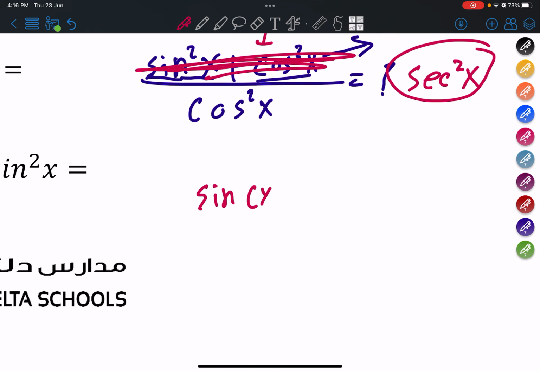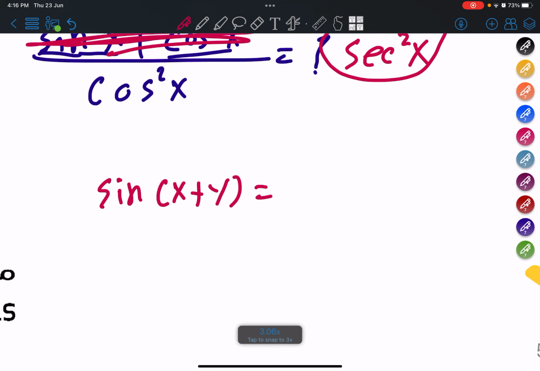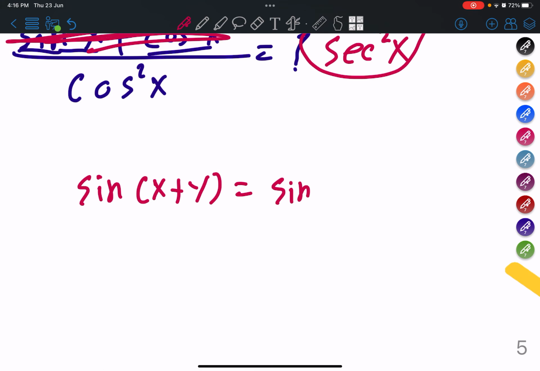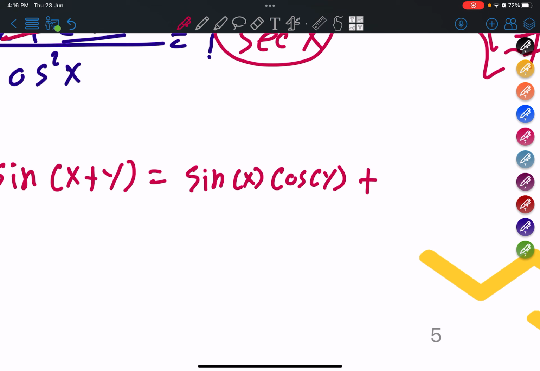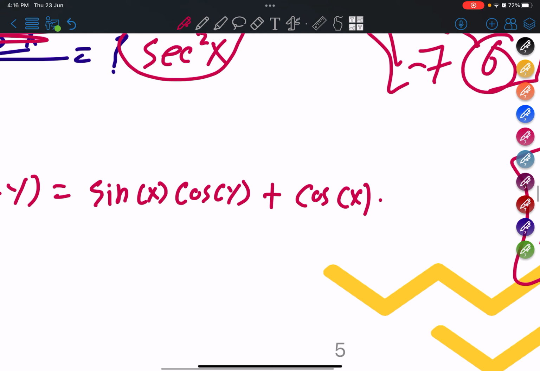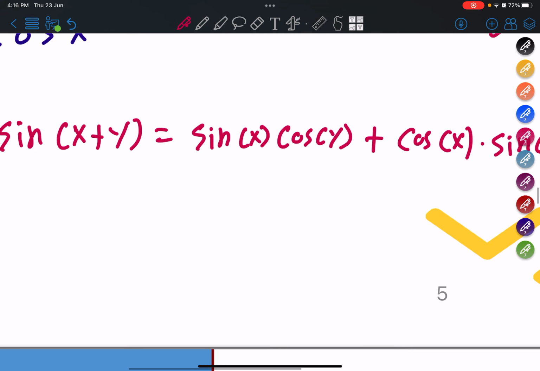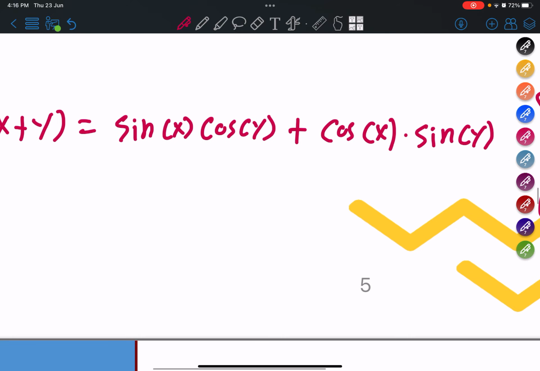Sine x plus y is going to equal sine x times cosine y plus cosine x times sine y. So this is what sine x plus y is equal to.